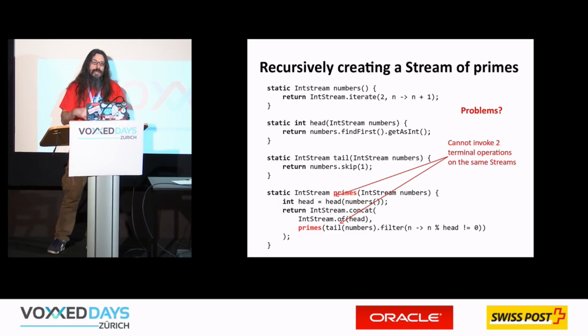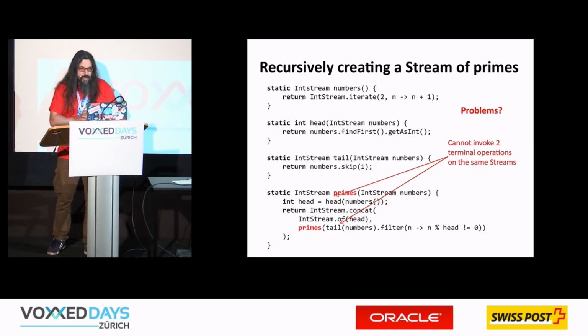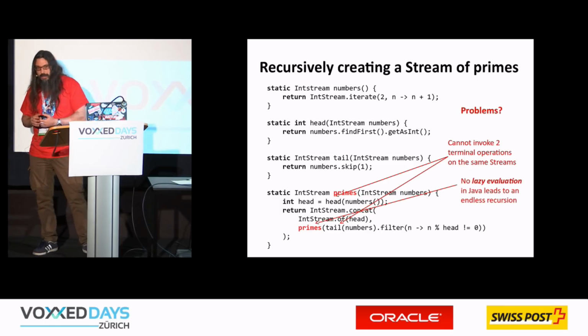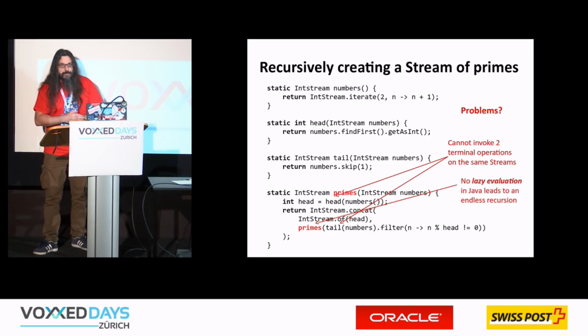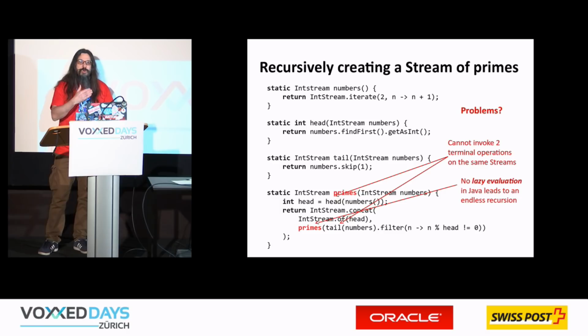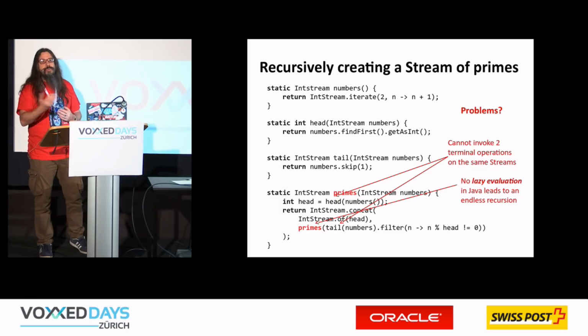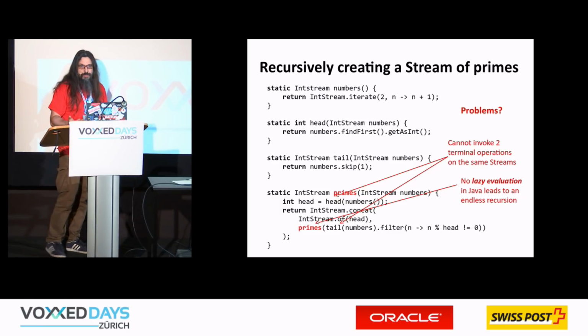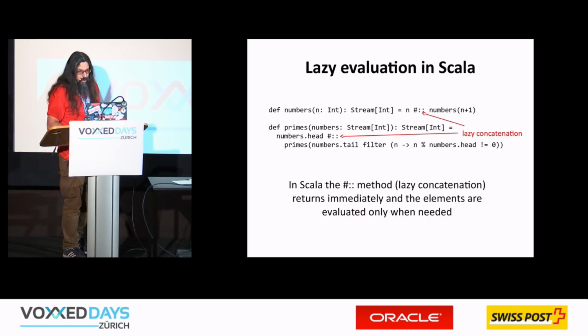You cannot call another operation on it, otherwise you will get an exception. And the second reason, which is even more relevant for my example, is that you don't have lazy evaluation. So this recursive call of primes will just blow up the stack without doing anything useful, okay?